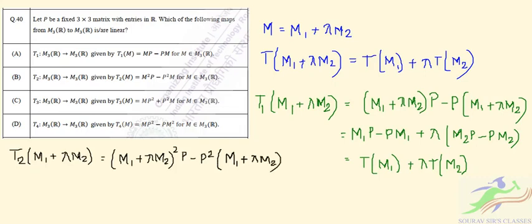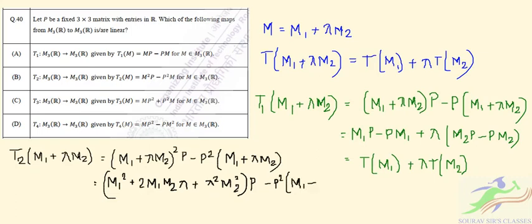Now if we simplify the equation, we get M1 square plus 2 M1 M2 lambda plus lambda square M2 square P and P square minus M1 plus lambda of M2.